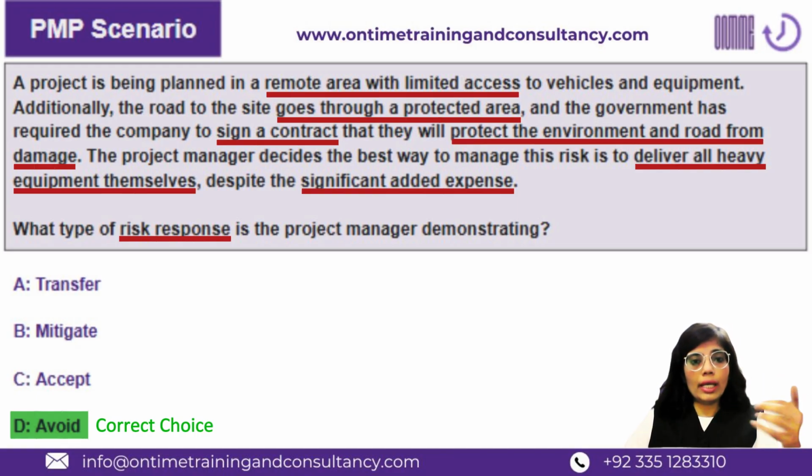The project manager is doing anything possible to make sure that the government related constraint is sorted, the equipment related constraint is sorted. So he's sorting out all the constraints, and for that he needs resources, he needs budgets, and he has those. He has got hold of those assets. So he's avoiding the risk, right?